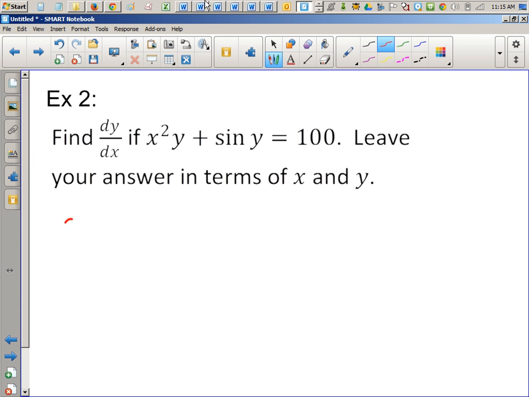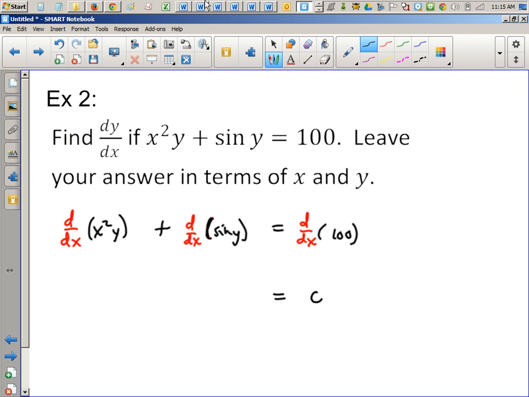So let's just do d/dx of x squared y and d/dx of sine y and d/dx of 100. The right side's easy, it's 0. It's pretty easy. And actually the second term on the left isn't too bad either.